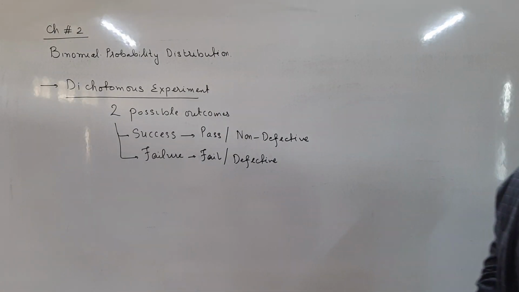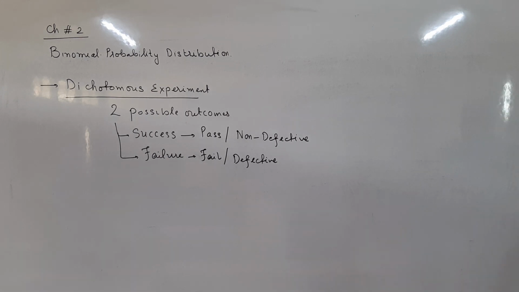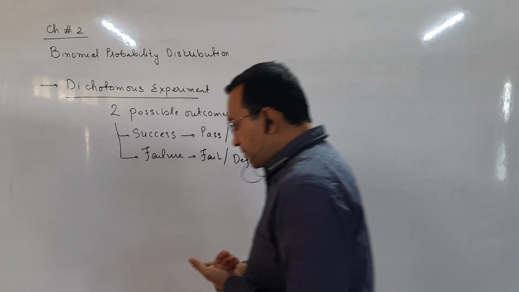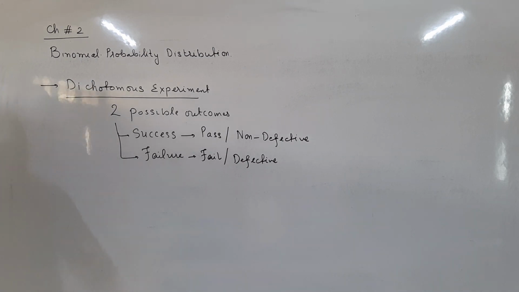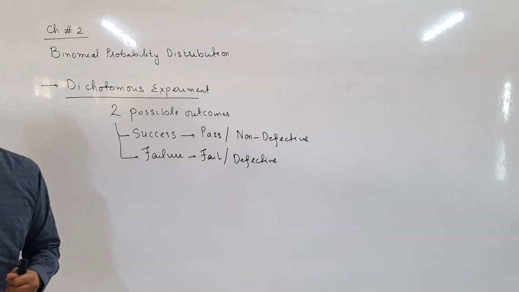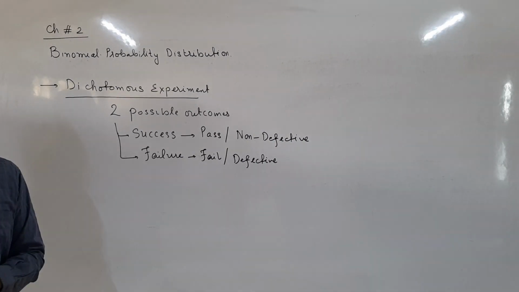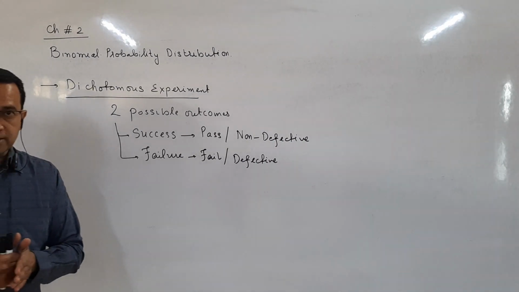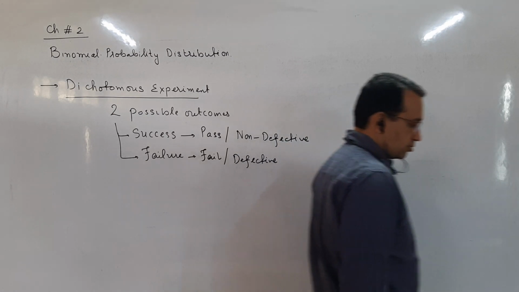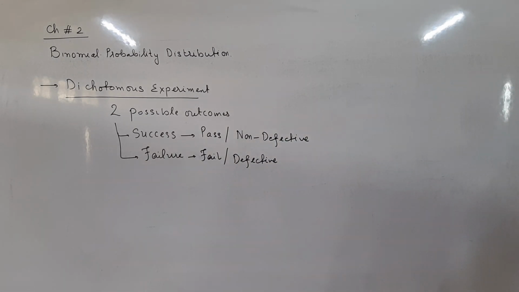Dichotomy. This is the way, students, to study the theory of binomial probability distribution. So the first concept in binomial probability distribution is, students, a dichotomous experiment: a random experiment which has only two possible outcomes, out of which one we call success and another we call failure, is called a dichotomous experiment. Best examples are given.